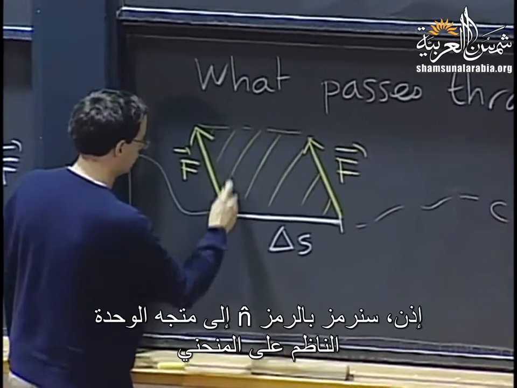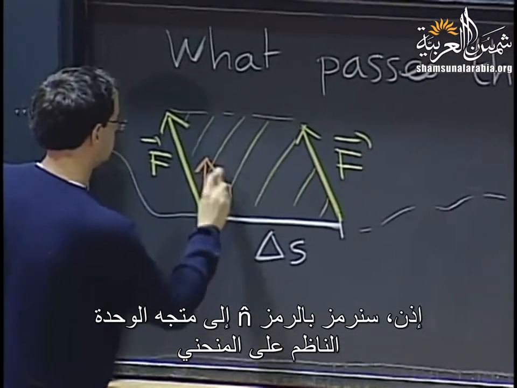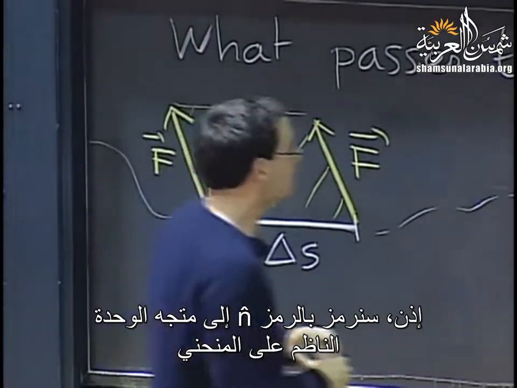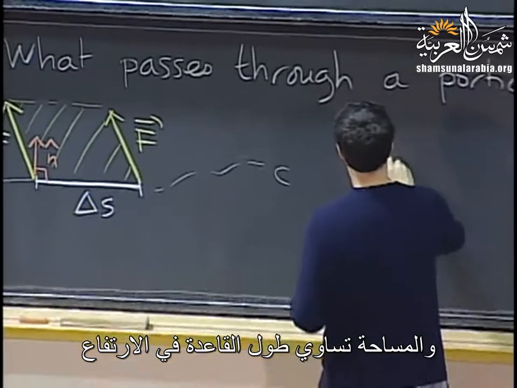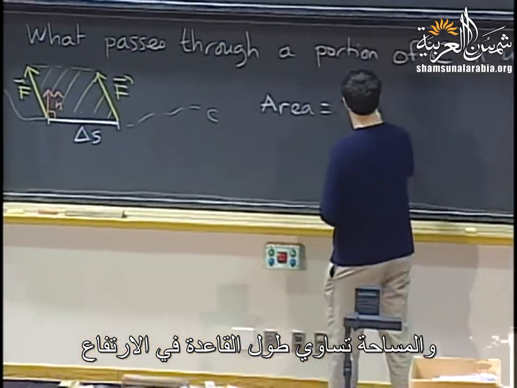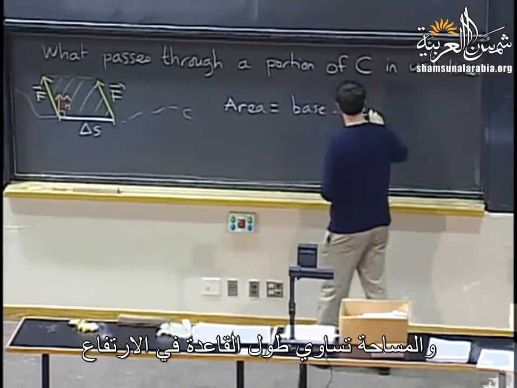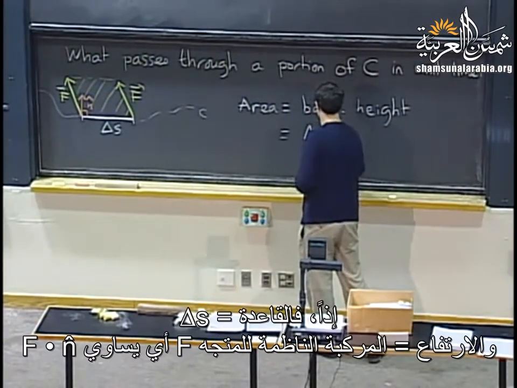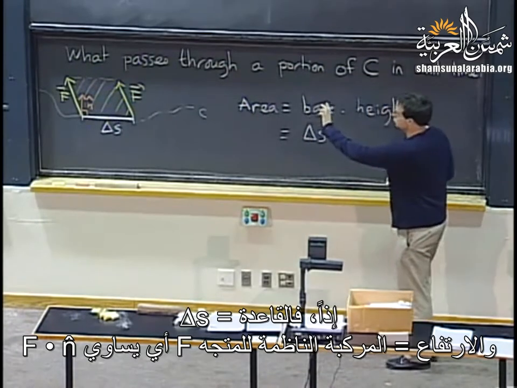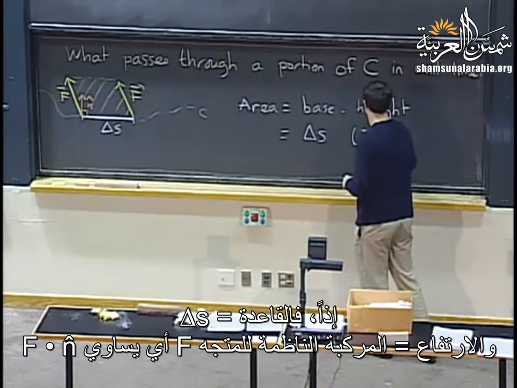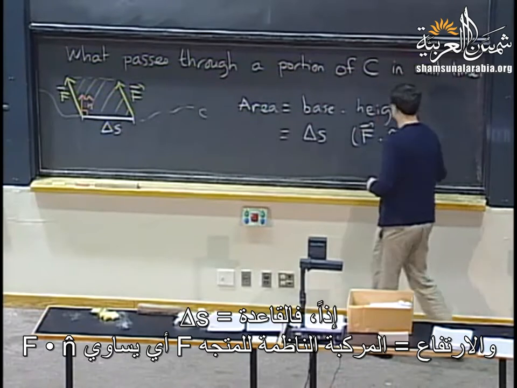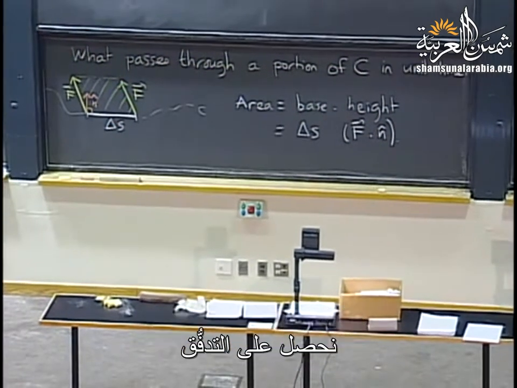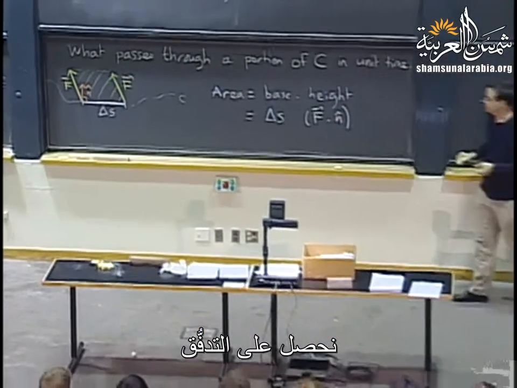If I call n the unit normal vector to the curve, then the area, base times height, is just delta S times the normal component of F, so it's F dot n. And so you see that when you sum these things together, you get what I said. You get flux.